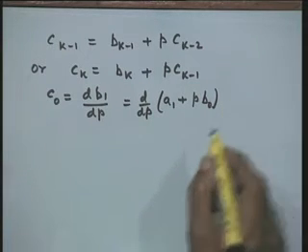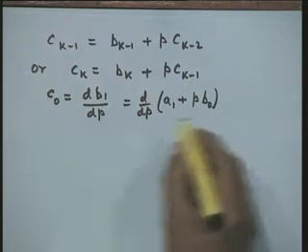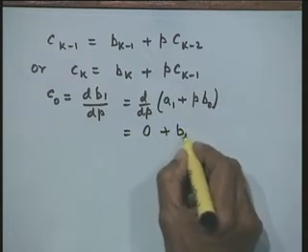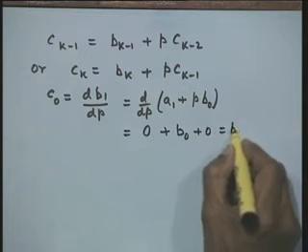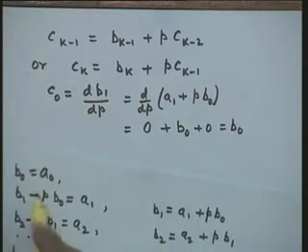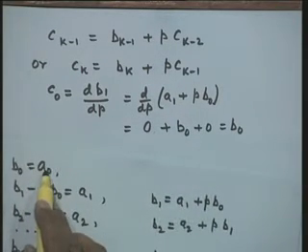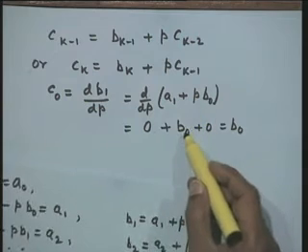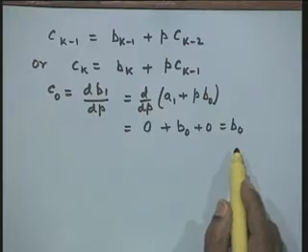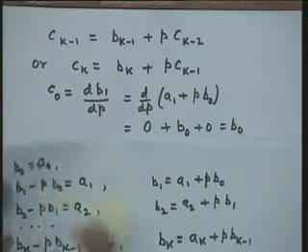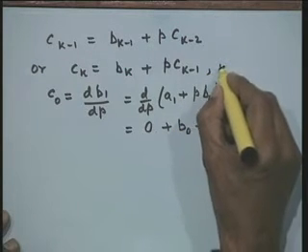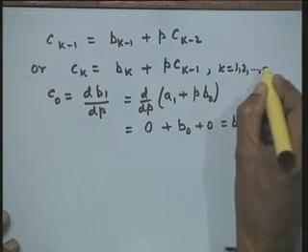This is 0 plus b0 plus 0, therefore this is equal to b0. Since b0 is equal to a0, its derivative with respect to p is 0, so after the product only b0 will survive and everything else will go. Therefore, c0 is defined as b0, and in the previous step b0 is also defined as a0. Now, with this reconciliation, I can set k equal to 1 up to n minus 1.